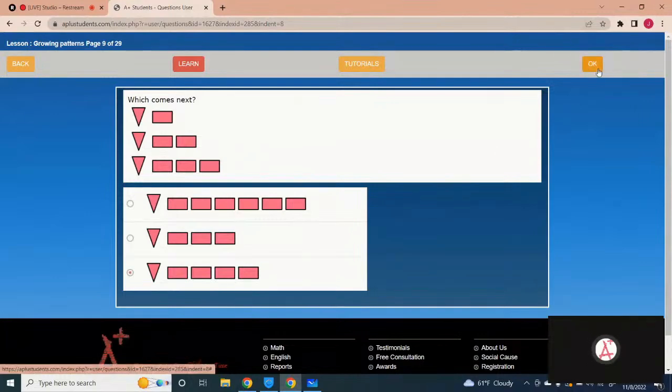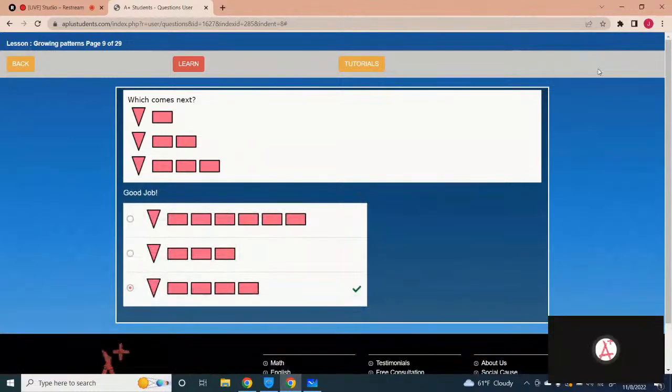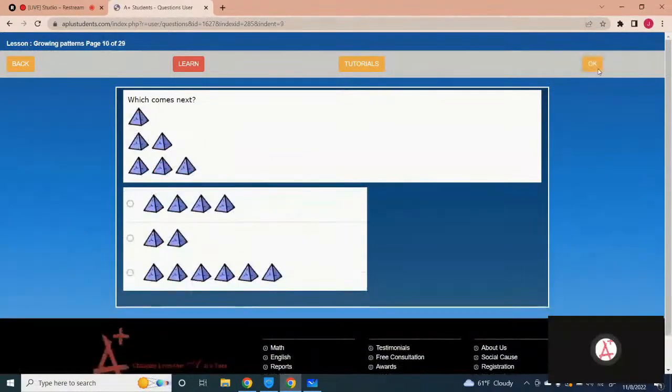Just select the correct option then click on the OK button. Very good. Okay, which comes next? Which is the correct option? Option number one is the correct option. Just select the correct option, click on the OK button.